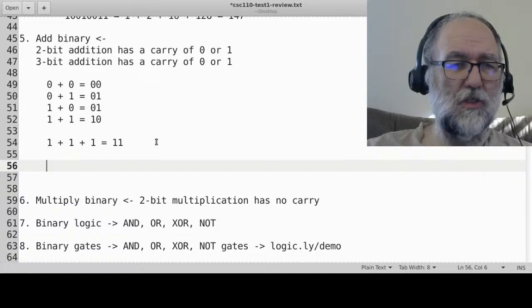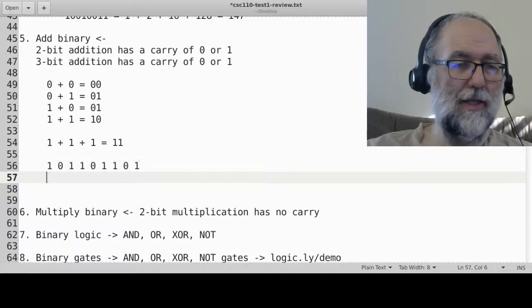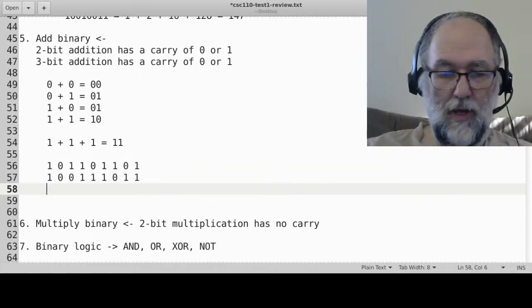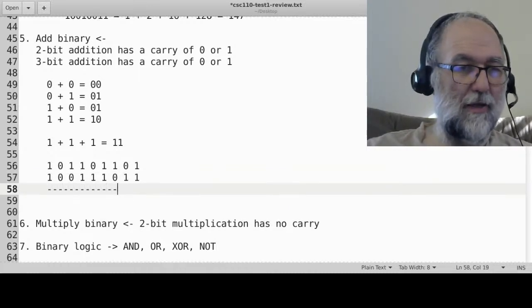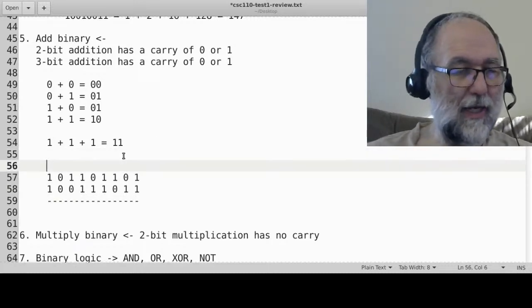I don't want to make this too long, but let's write 1 0 1 1 0 1 1 0 1 and add that to 1 0 0 1 1 1 0 1 1. Hopefully this will give us something interesting. Let me see if I get all the possibilities here.